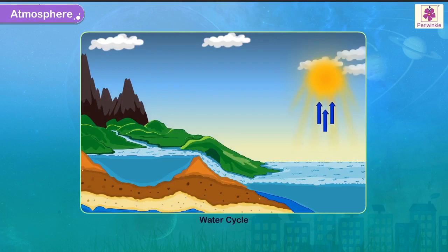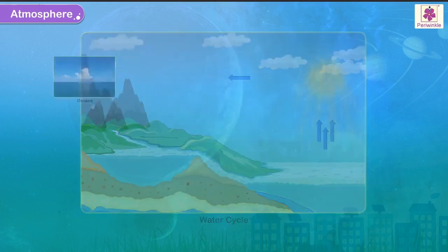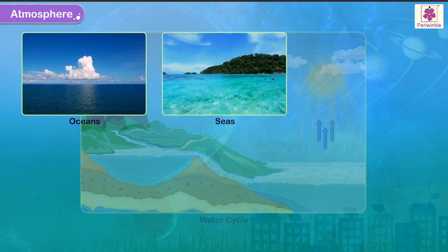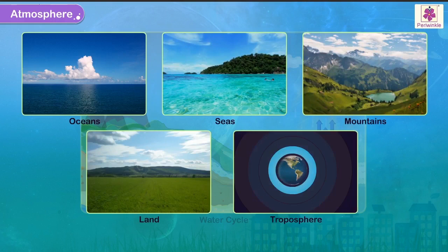Water cycle demonstrates the cause and effect of oceans, seas, mountains, land, and troposphere on weather phenomena.